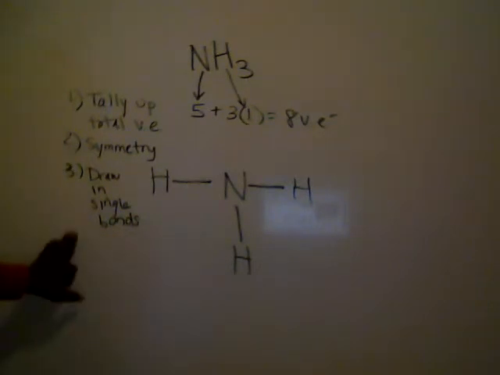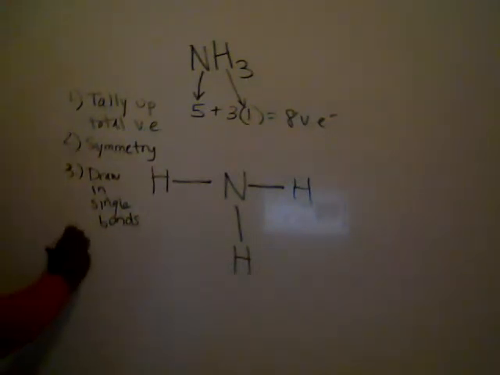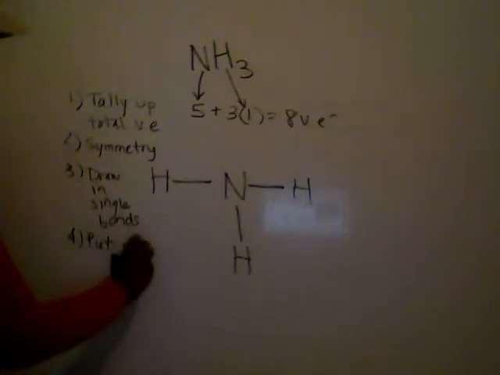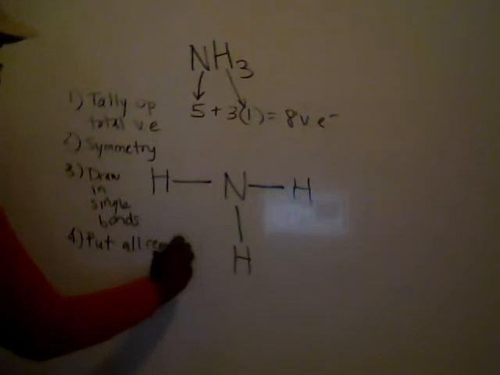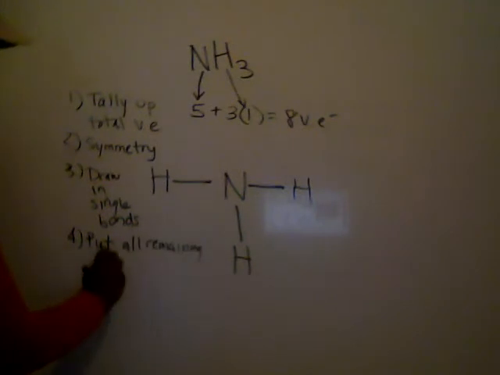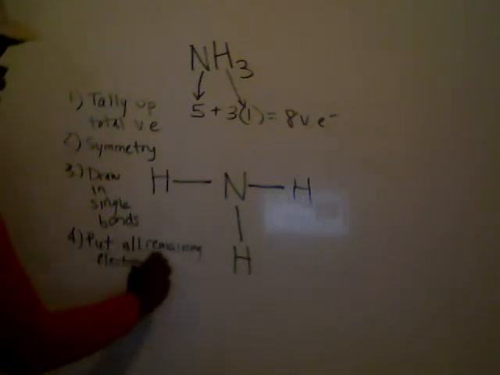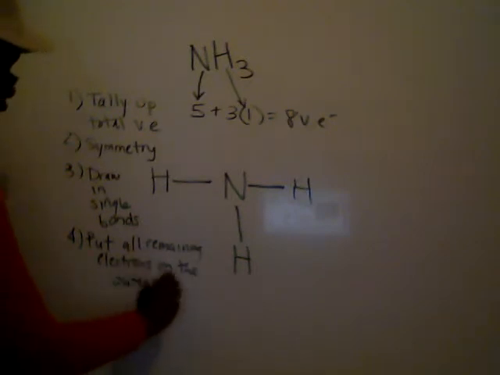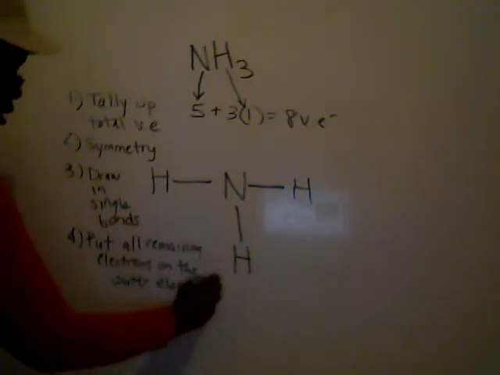But I'm going to write an extra step here in case you don't have hydrogen. If you don't have hydrogen, you're going to then want to put all remaining electrons on the outer elements. Okay?